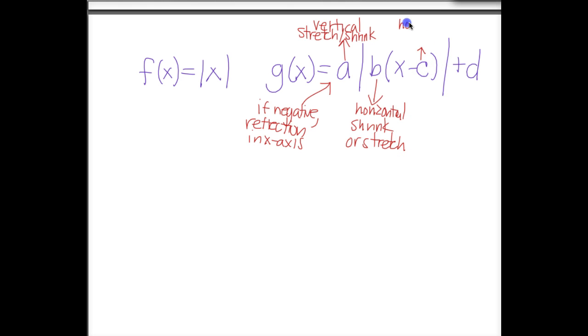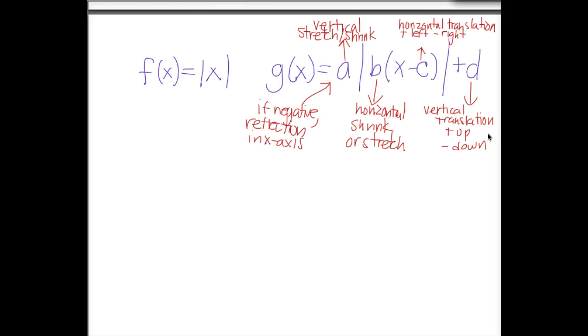C controls horizontal translation. And remember, it's important you know which way it horizontally translates. If C is positive, it goes left. If it's negative, it goes right. And D then controls your vertical translation. So positive goes up, negative goes down on that.